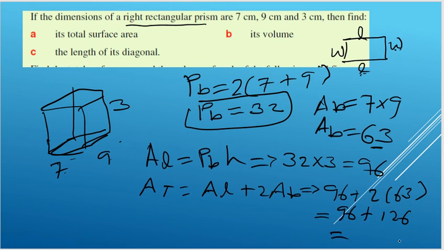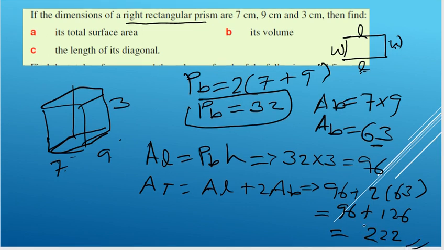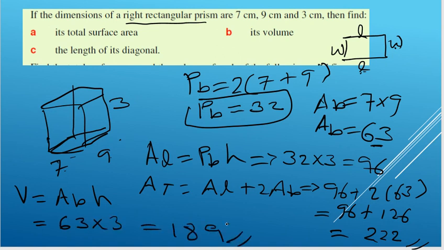When we add it, it will be 222. You can add and check it. That is area total. And finally, volume. The volume will be area base times height, the area base we got already, 63, then multiply by 3. So 189. That will be the volume, unit cube. The area is unit square.